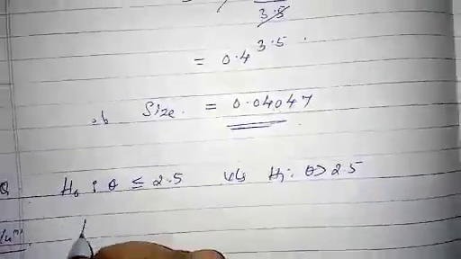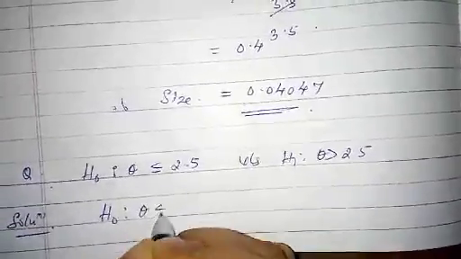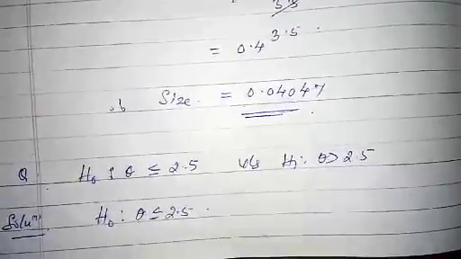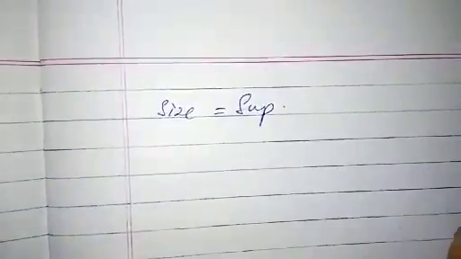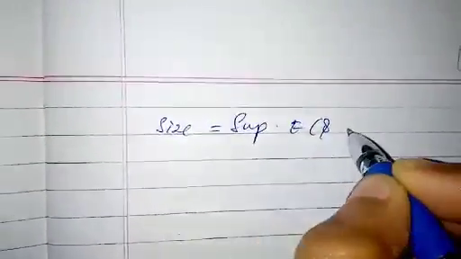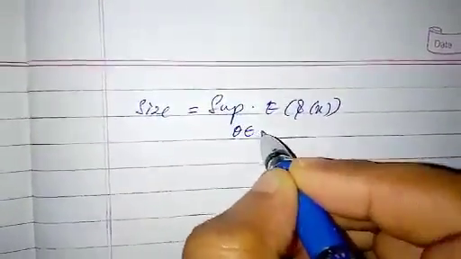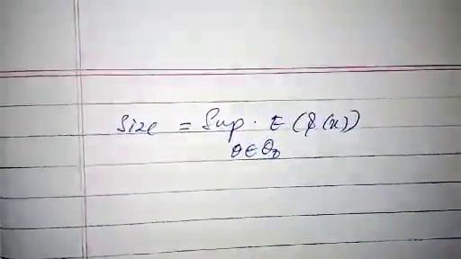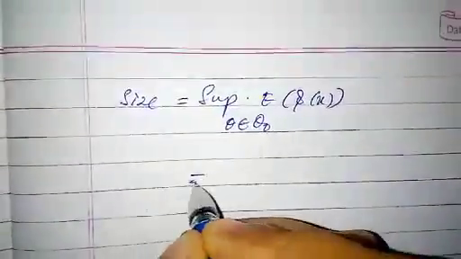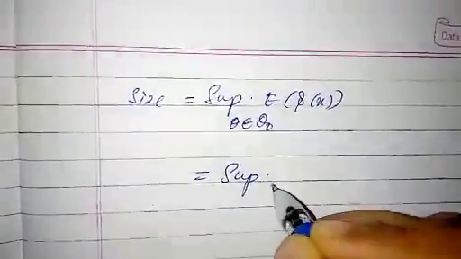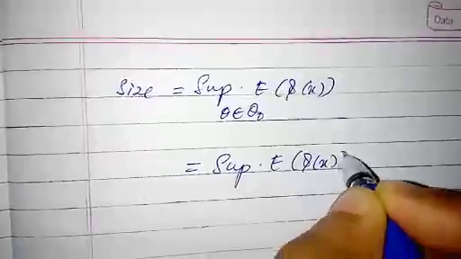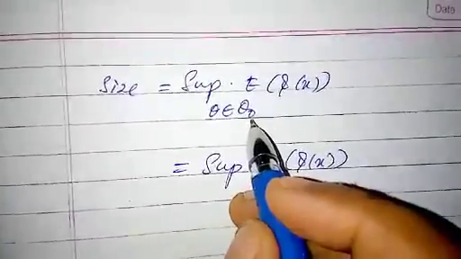Here, given that H naught: theta is less than or equal to 2.5, what is the size of the test? Size equals the supremum of the expectation of phi of x over theta belonging to theta naught. What is theta naught here?